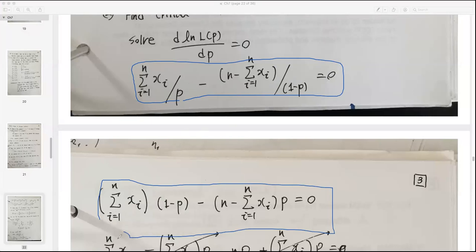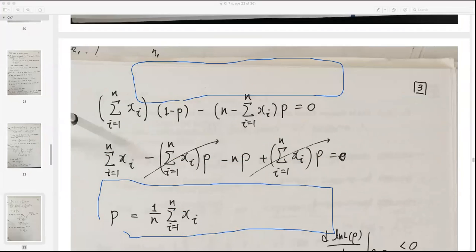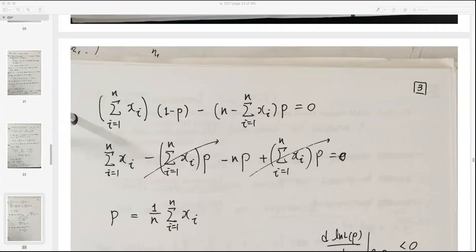So we're going to get this. Now we see the sigma xi p and the sigma xi minus p right there, and we just cancel them out. So we get p is equal to 1 over n sigma xi.